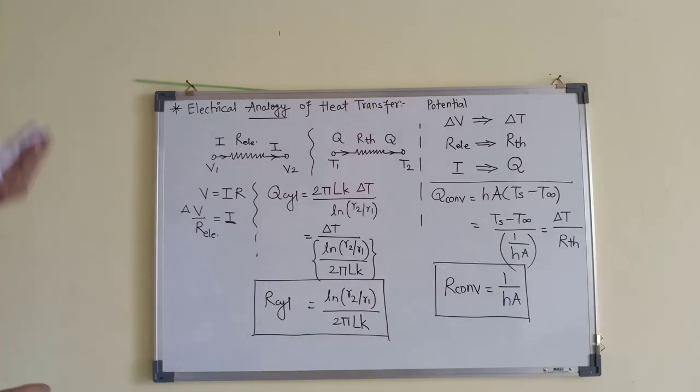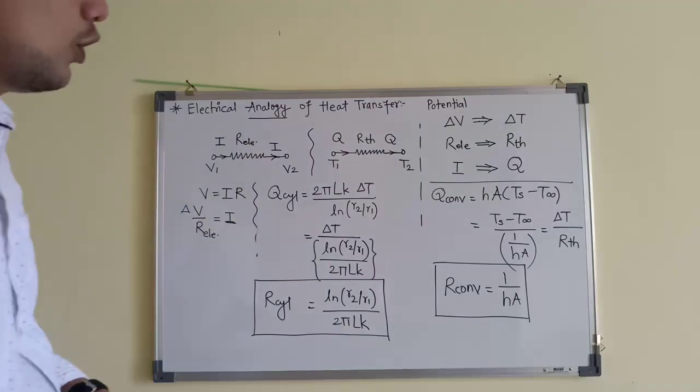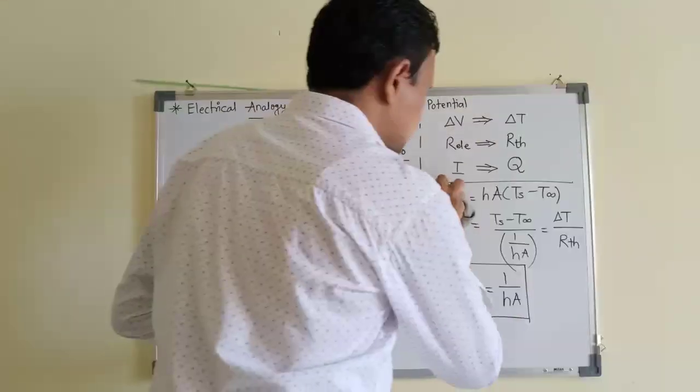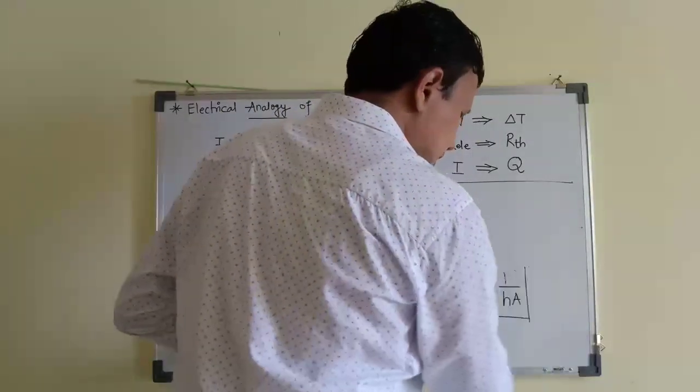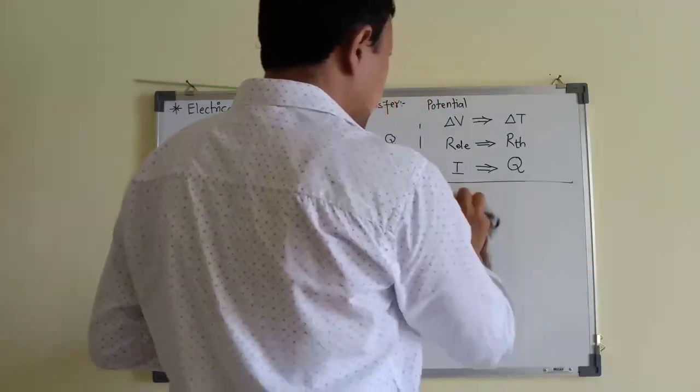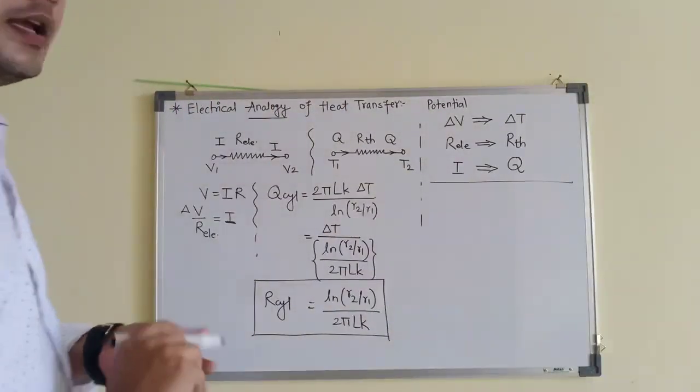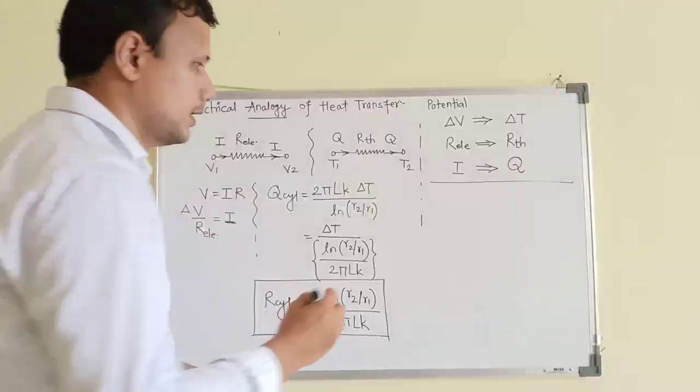With the same methodology, we can find out the conduction resistance in case of hollow sphere. So let us see how to do that. We will simply reorganize the terms so that only temperature difference is at the numerator and everything else is at the denominator.